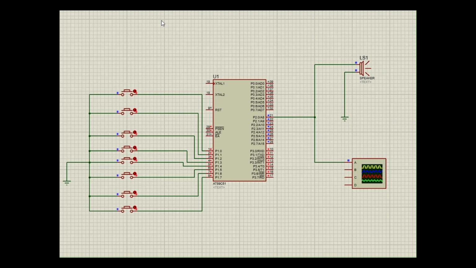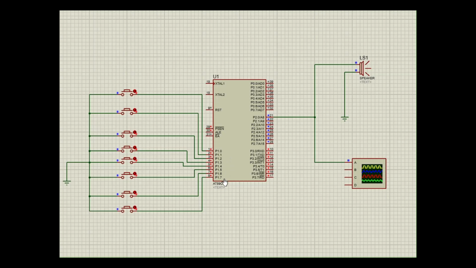The main components used are AT89C51 microcontroller, buttons, and speaker. Working. There are 8 buttons connected to different inputs of port 1, that is from P1.0 to P1.7. When a button is pressed, the microcontroller generates a specific frequency corresponding to a musical note.